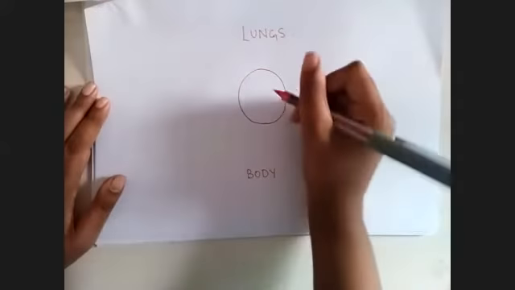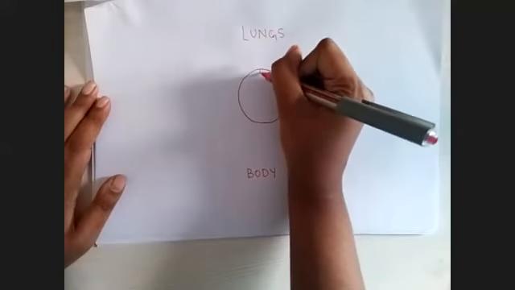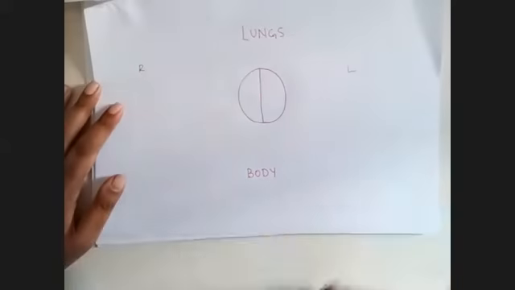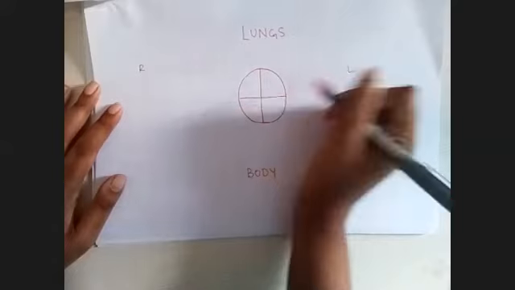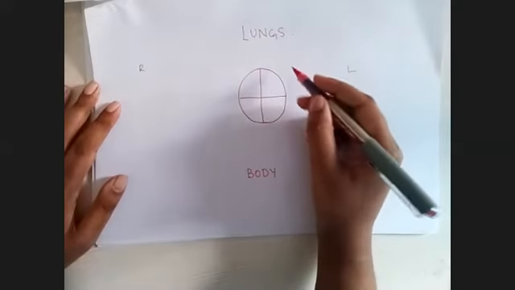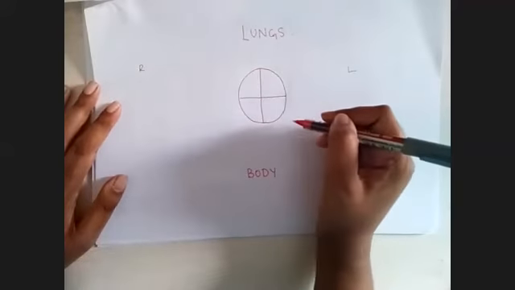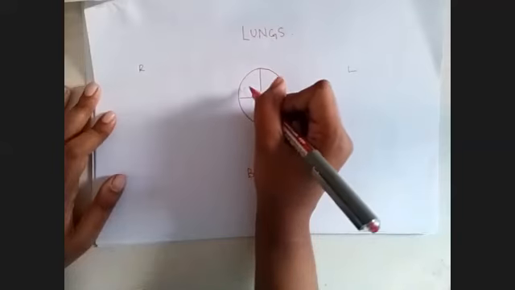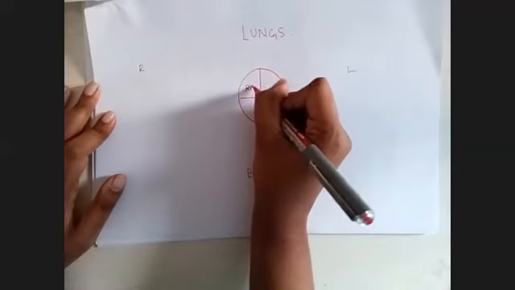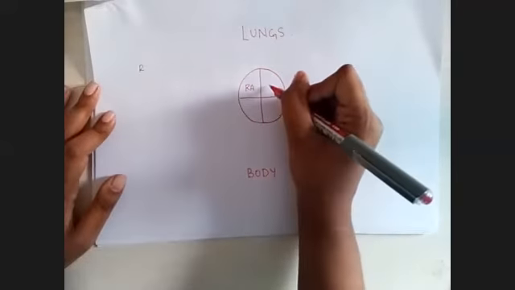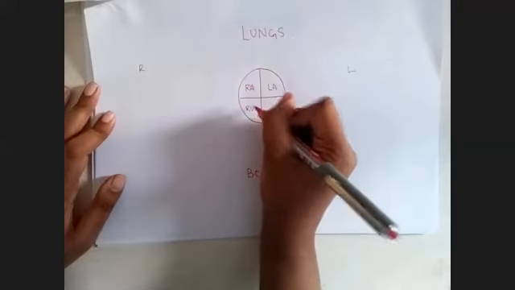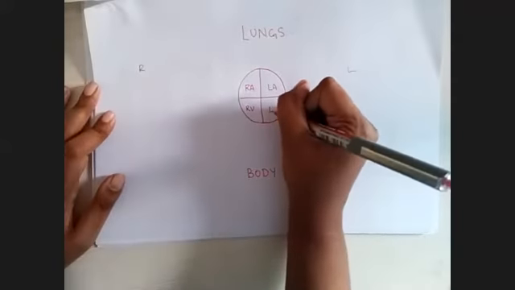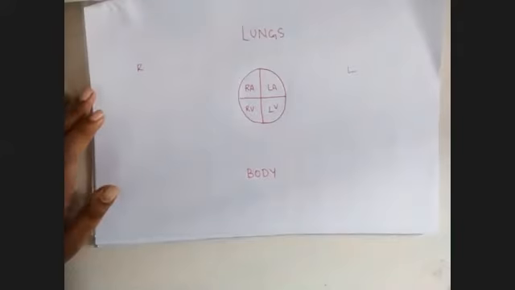There are 4 different portions in our heart, and this is the left. The top portion is the atrium, and the bottom is the ventricle. So this becomes the right atrium, left atrium, right ventricle, and left ventricle.